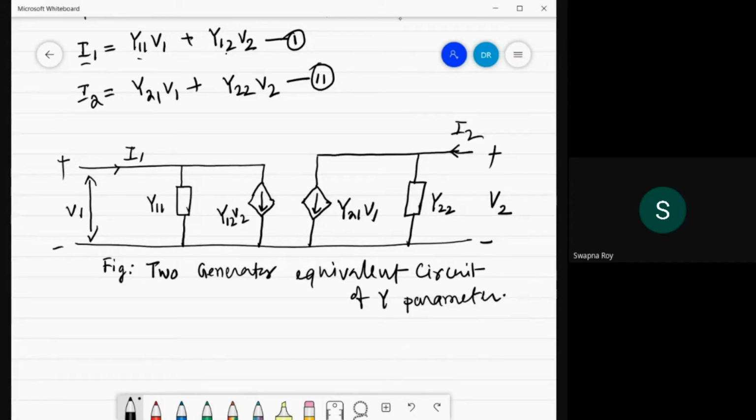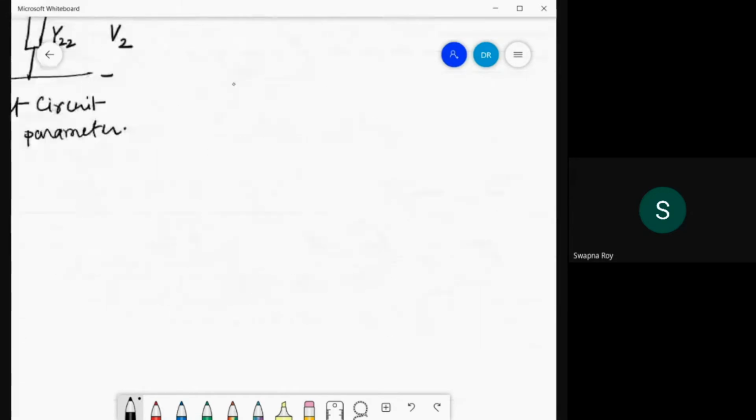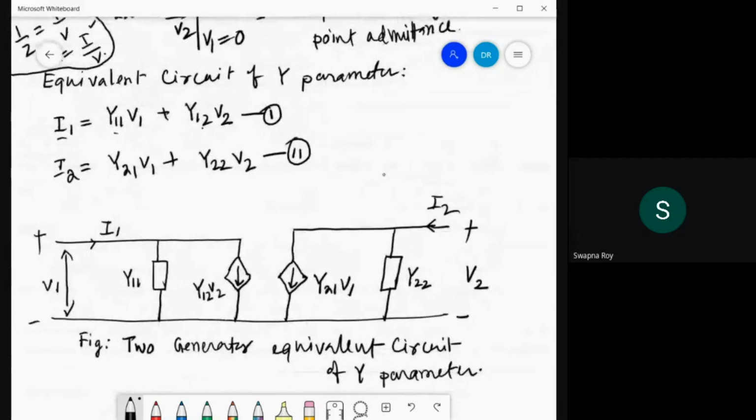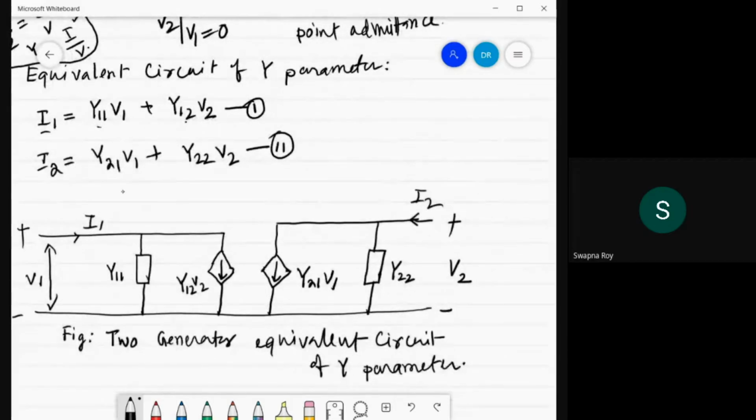Now just rewrite these equations. Rewriting equations, what we get, we can write as I1 is equal to Y11 plus Y12 into V1.